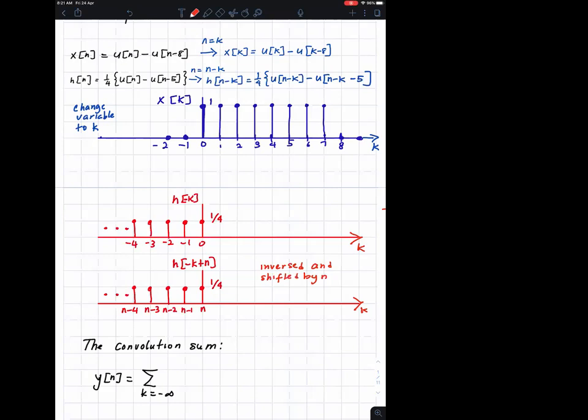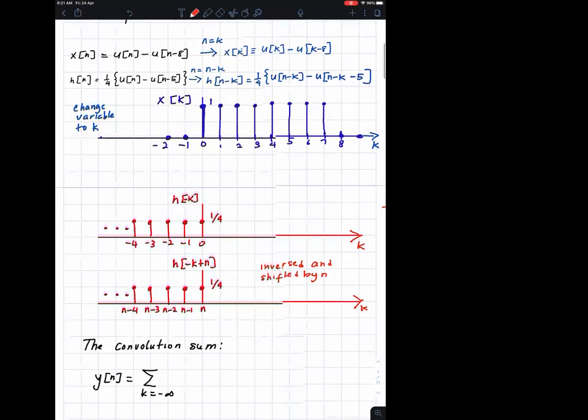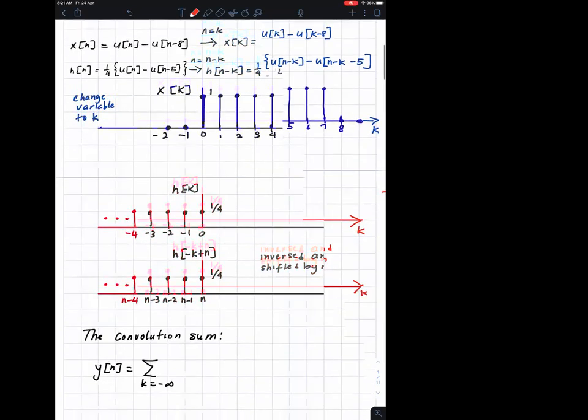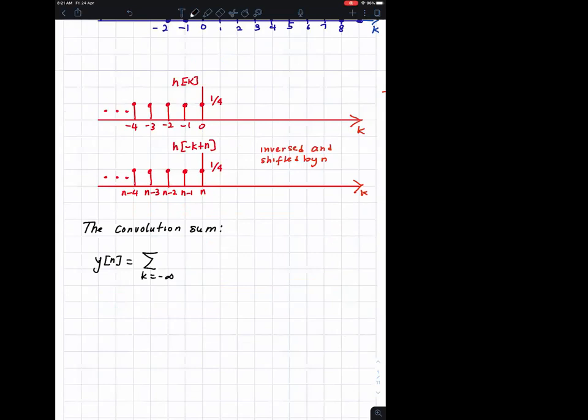Now you're going to do the convolution sum. The convolution sum is a summation over k from minus infinity to positive infinity of x[n minus k] h[k].